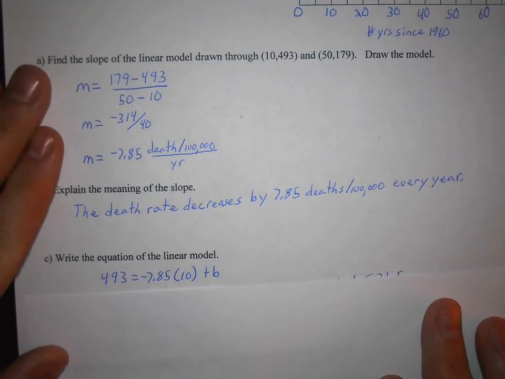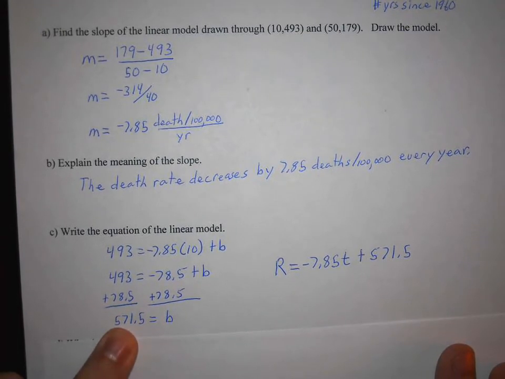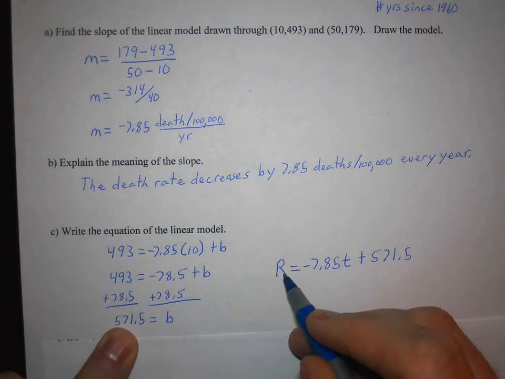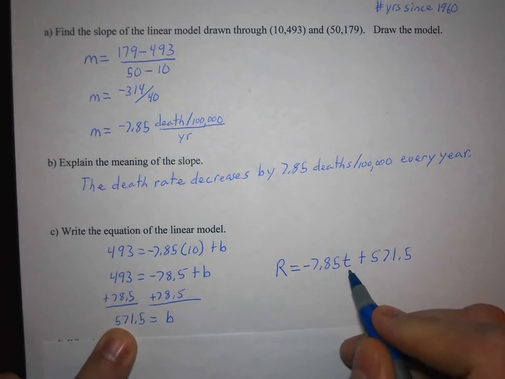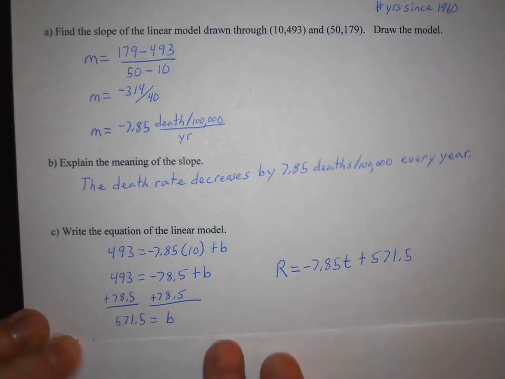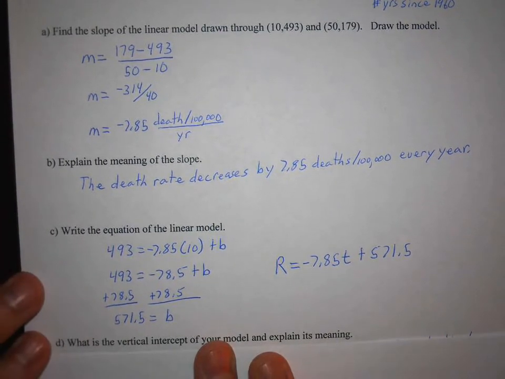Solve for the b value, and you end up with 571.5. So our equation, instead of y equals, we have r equals, okay, the death rate equals negative 7.85 times t plus 571.5.